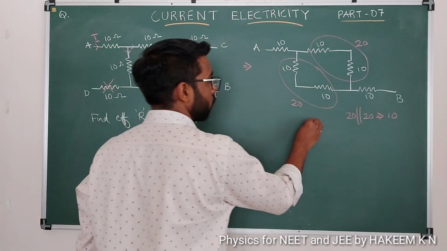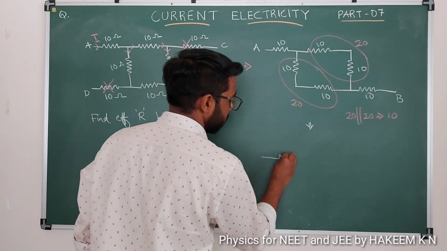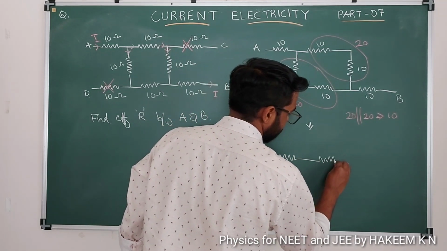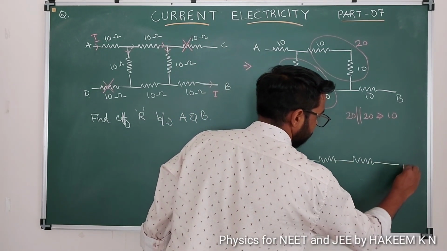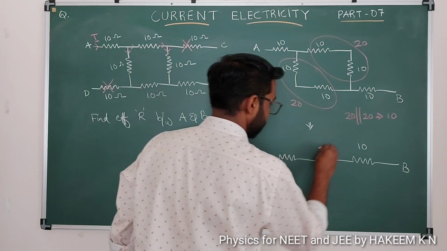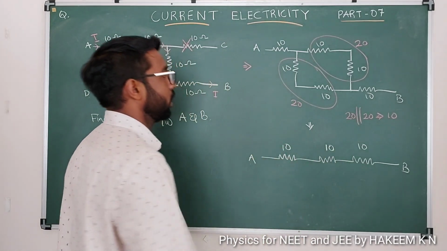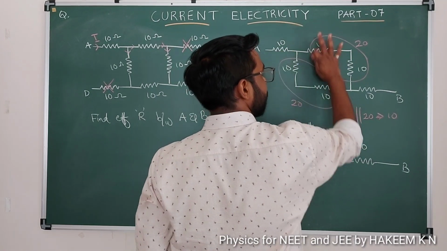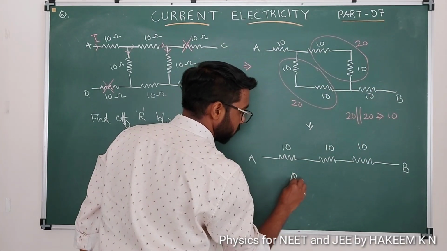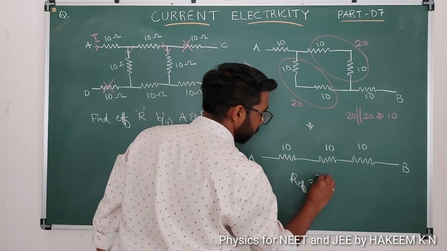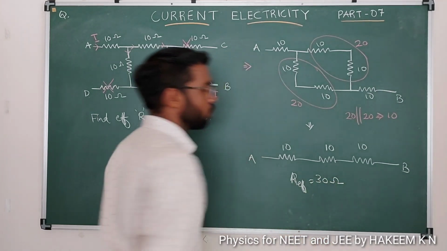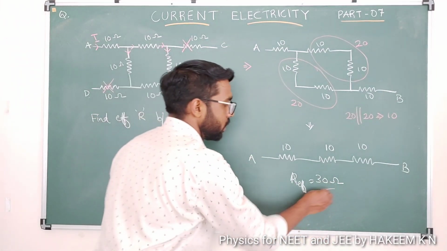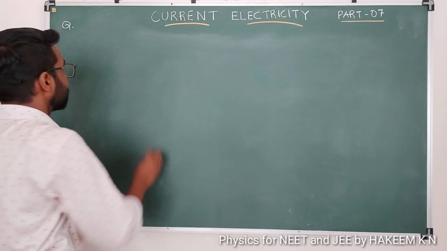So we can redraw the network again. 10, here it is B and it is A. 20 parallel we will get 10 here, 10. So effective resistance between A and B is 30 ohm. This is the answer. Next question.